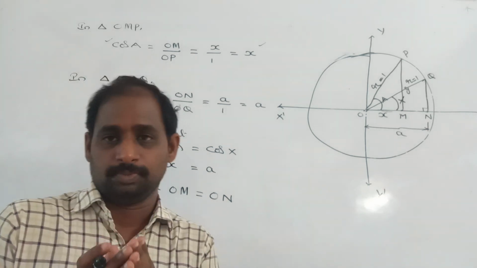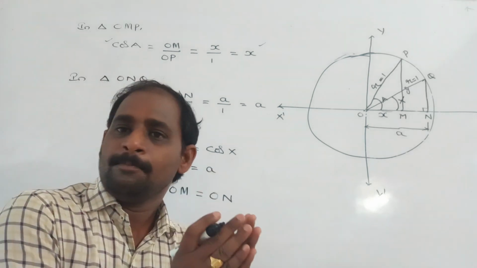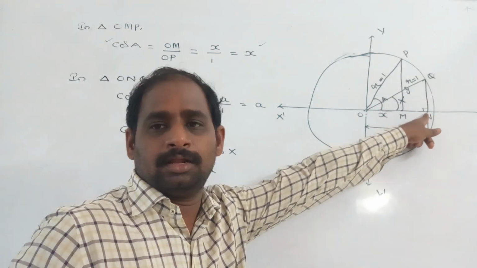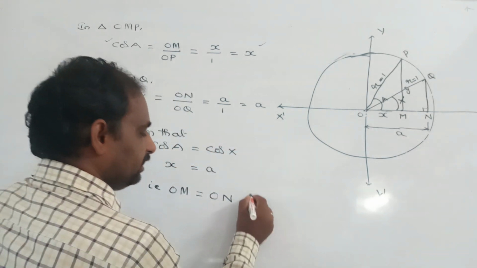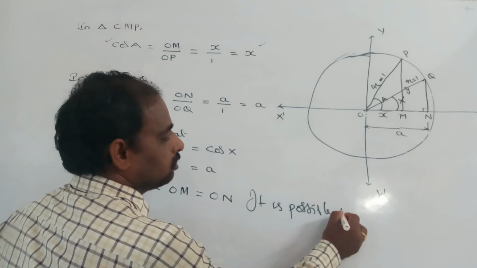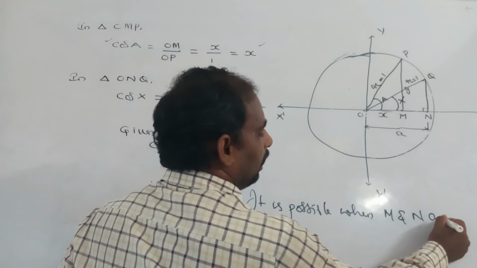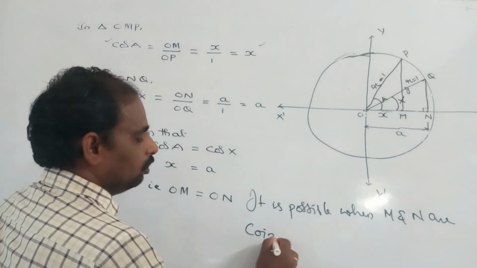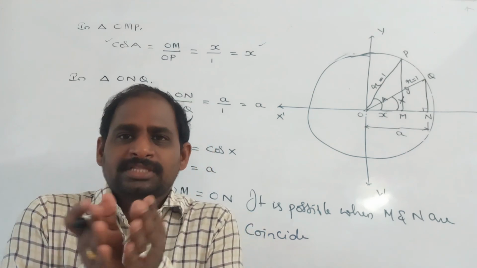This is only possible when M and N coincide with each other. What will happen if M and N coincide?